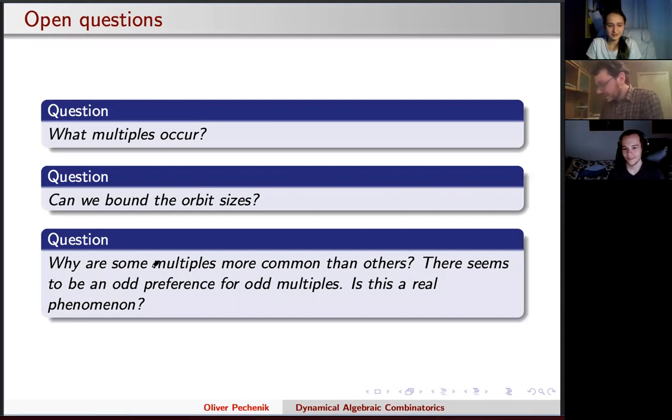And then even if you knew which multiples showed up, they don't show up with equal frequency. Some of them show up a lot more than others. Okay, so you kind of expect the smaller multiples to show up more than the bigger multiples. That seems fine. But there's this weird preference for the odd multiples instead of the even multiples, right? Like 33 instead of 22.